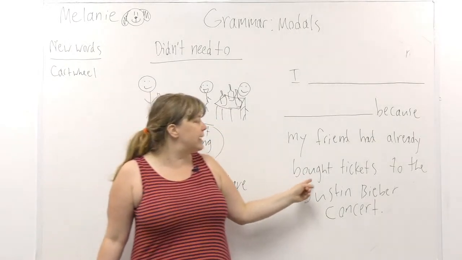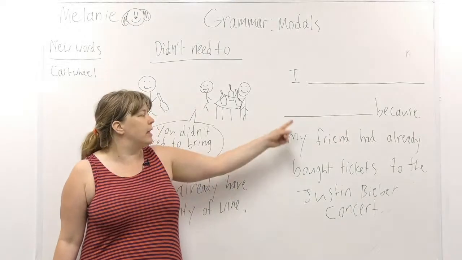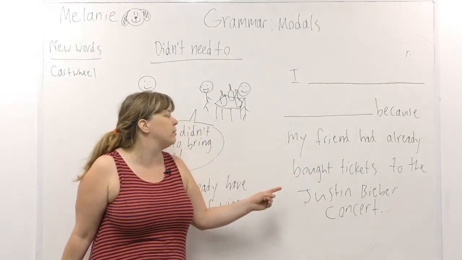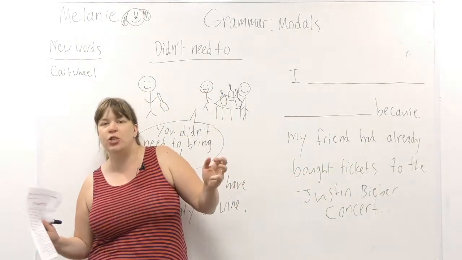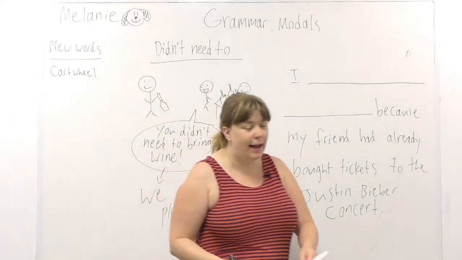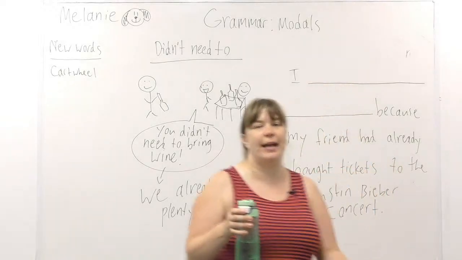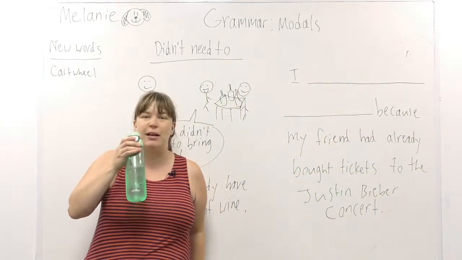So it's going to be connected to buying tickets. So think about something you did already, but you really didn't have to because your friend already bought tickets to go see Justin Bieber live in the flesh in concert. Okay, so please complete this sentence. Go ahead. No pressure.